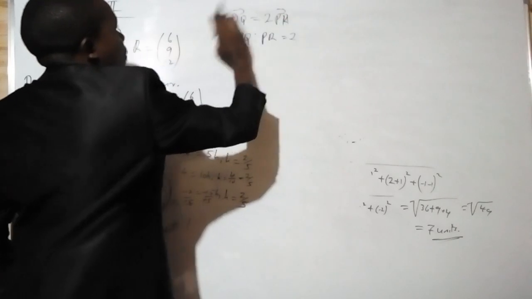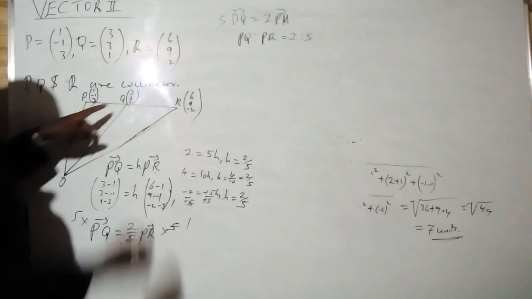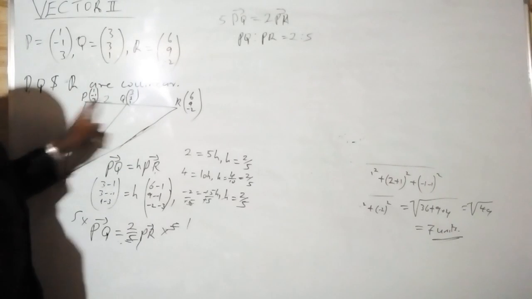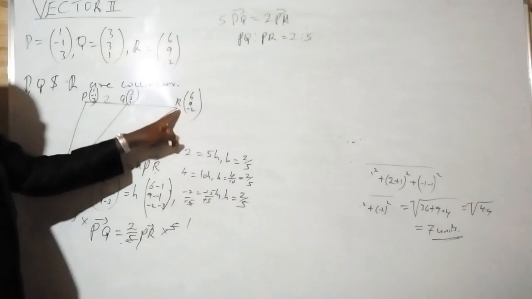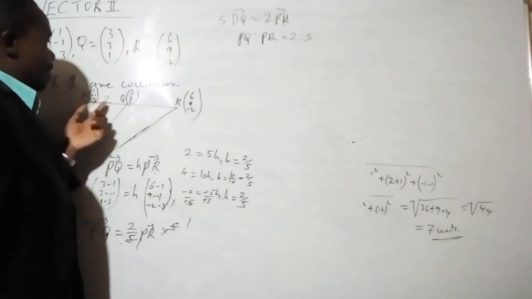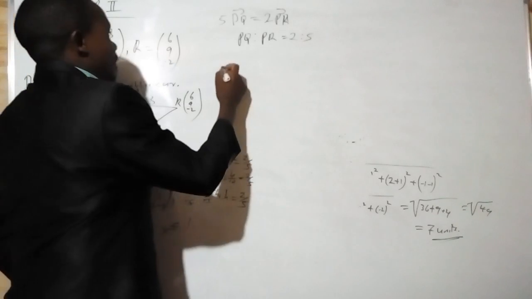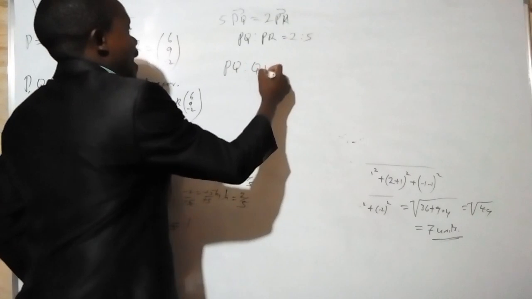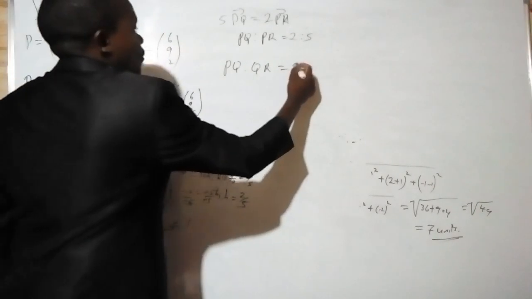If PQ is 2, the total from P to R is 5, which means QR is 5 minus 2, and it's supposed to be 3. So PQ is 2, QR is 3, and PQ is to QR is 2 is to 3.